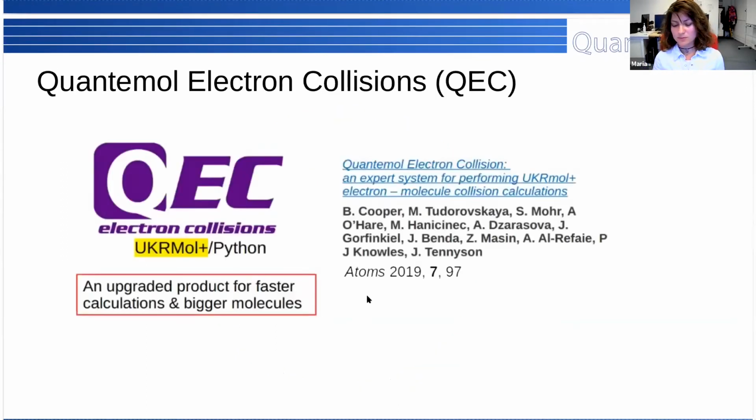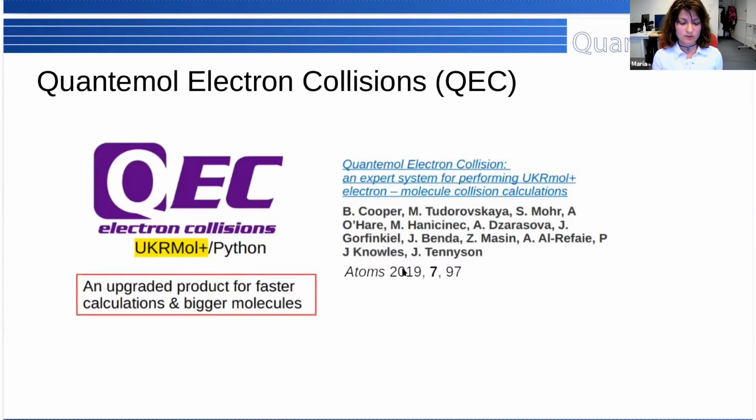There is a suite of Fortran codes which allows to implement this theory numerically and produce the cross sections. It's called the UKRmol, or the newer version is called UKRmol-plus, and it's developed in the groups of Professor Jonathan Tennyson and Jimena Gorfinkiel and by many collaborators. And what we do at Quantemol, we developed the interface on top of those codes.